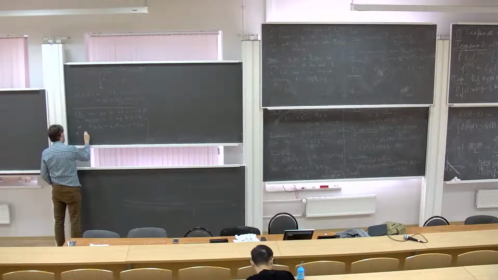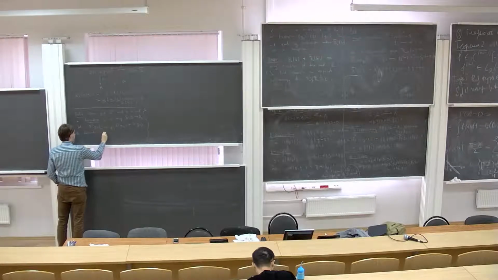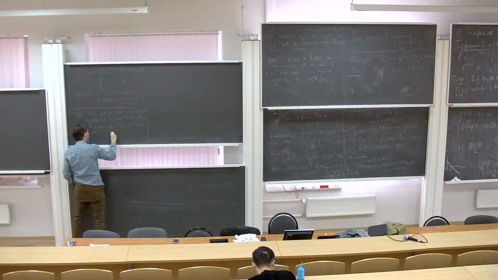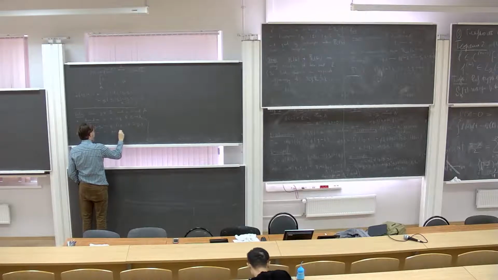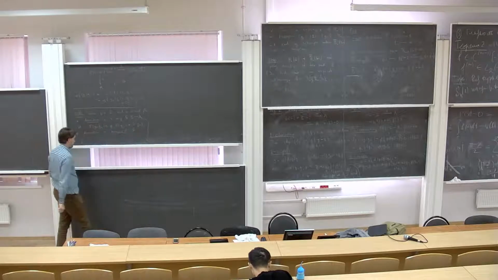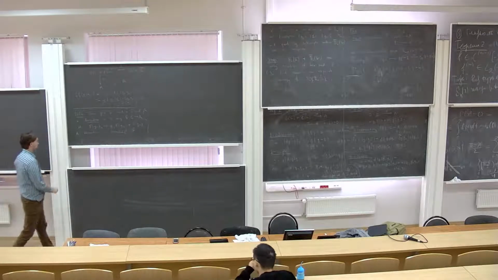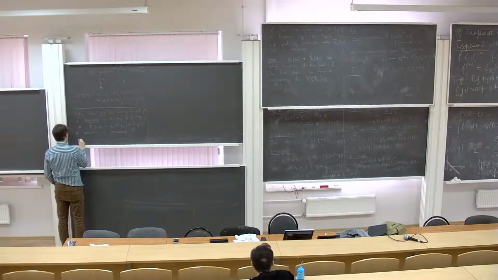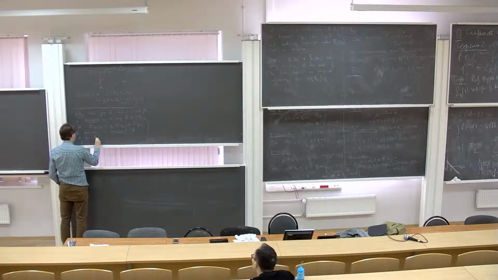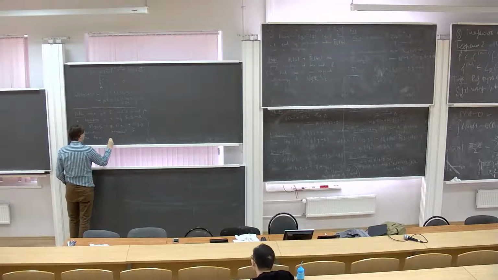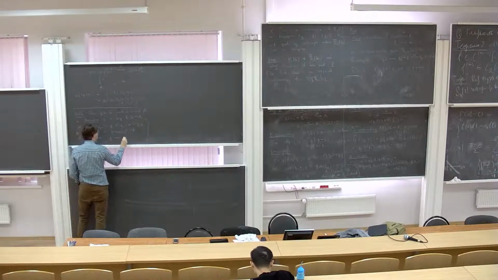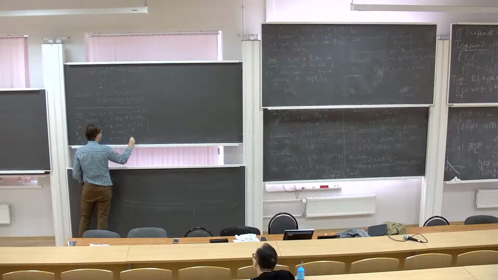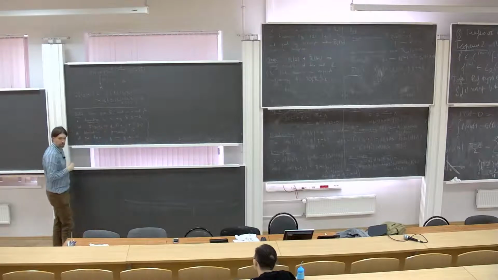A derivation is called principal if it's of the form little g goes to g acting on a minus a, for some a.